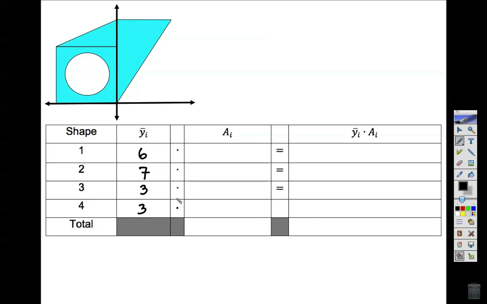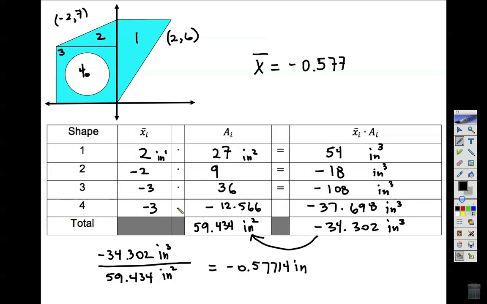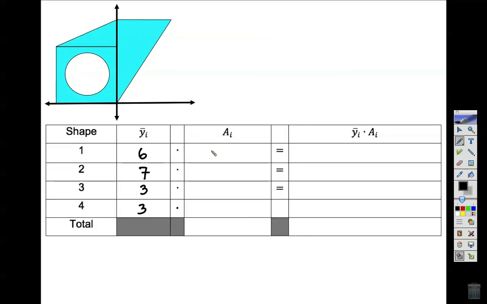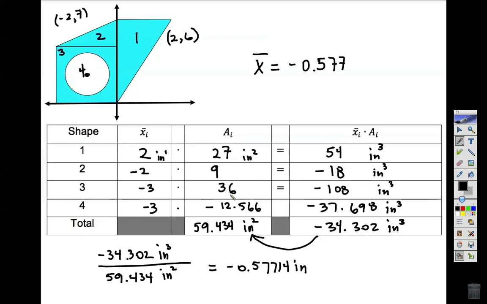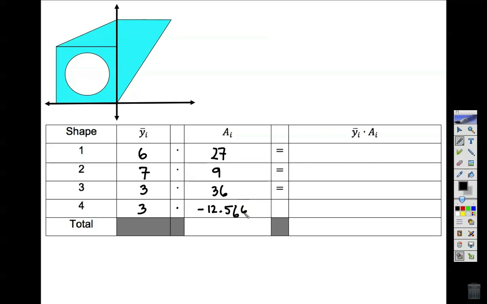The beauty of this is that these areas are the same, so this is going to be the same for the next table: 27, 9, 36, negative 12.566, and then this is 59.434. So in a way you're done here.